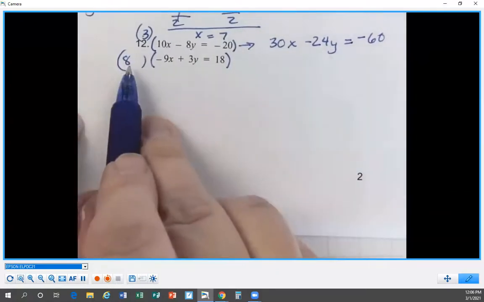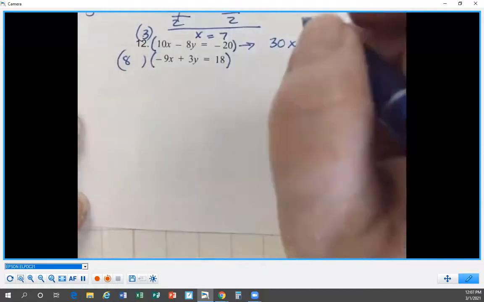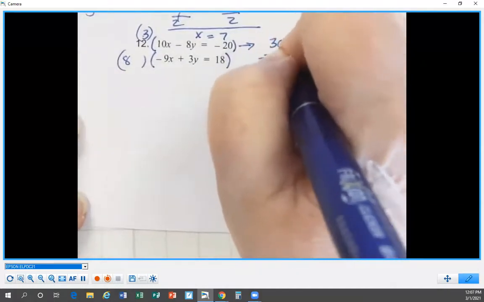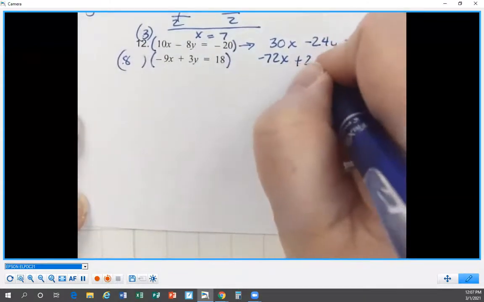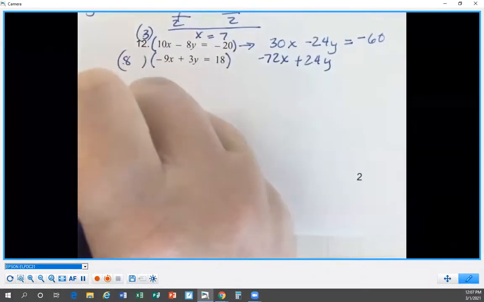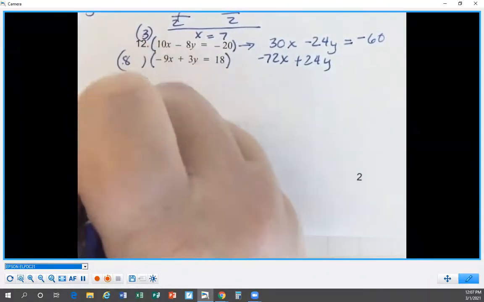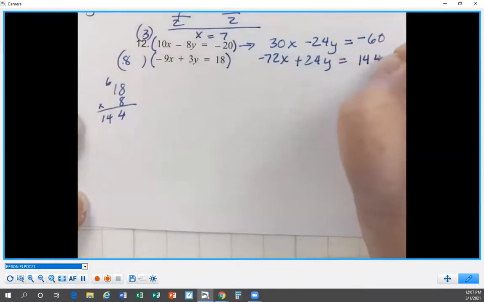And then we'll distribute the 8 here. 8 times negative 9 is negative 72x. 8 times 3y is 24y. 8 times 18, 144.